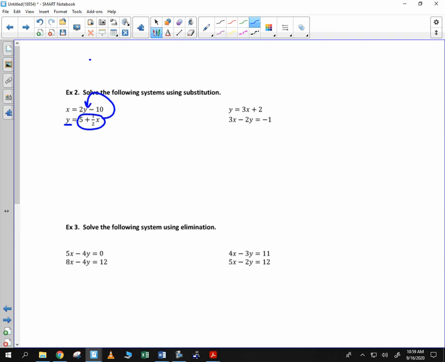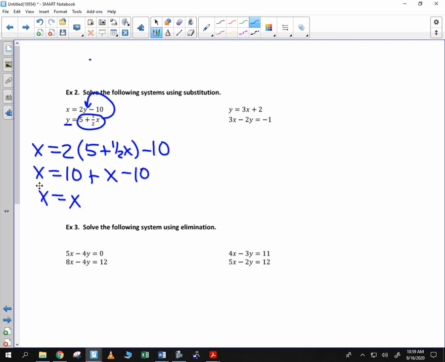Now the top equation becomes x equals 2 times (5 plus 1/2 x) minus 10. As I multiply through, I get x is 10 plus 2 times 1/2 x, which is just x, minus 10. You get x is equal to x.